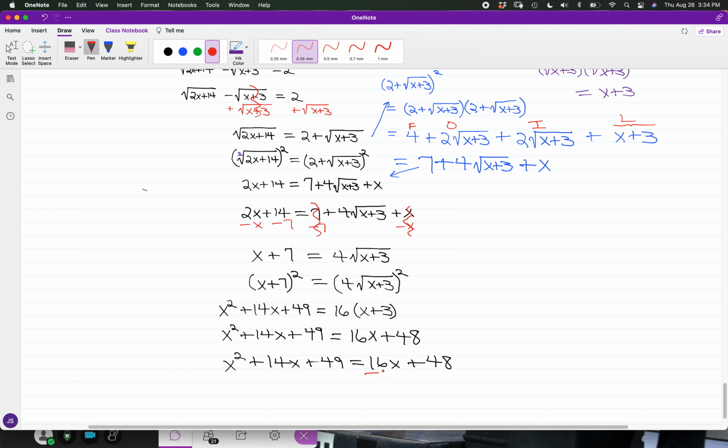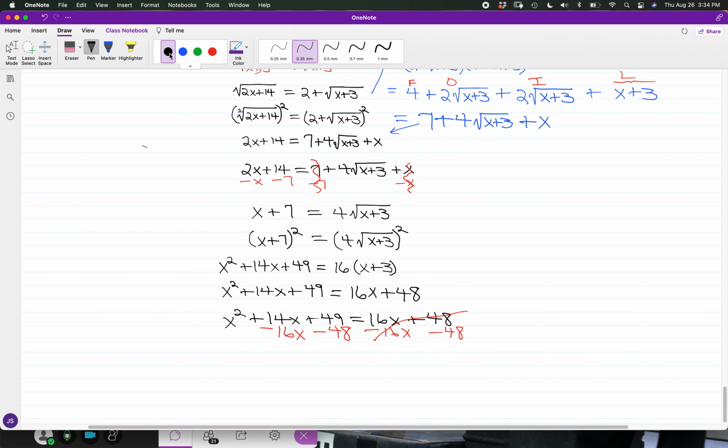If I set this equation up in standard form, I can take away 16x as well as 48. So I'm going to have x squared, 14x minus 16x becomes negative 2x, and 49 minus 48 becomes 1.